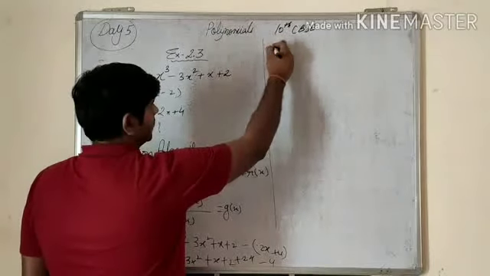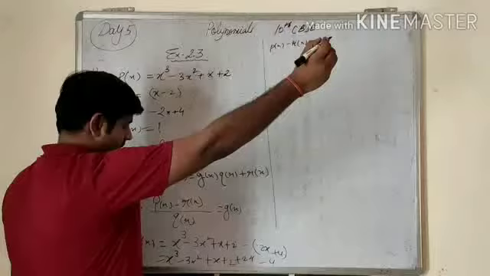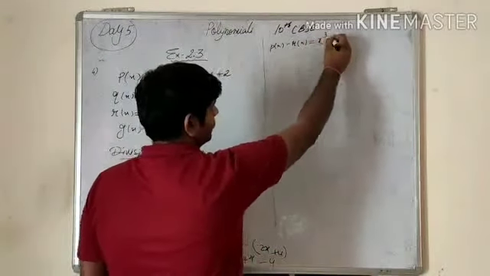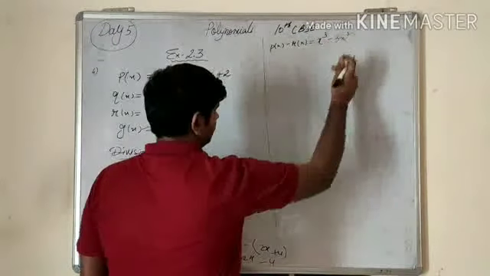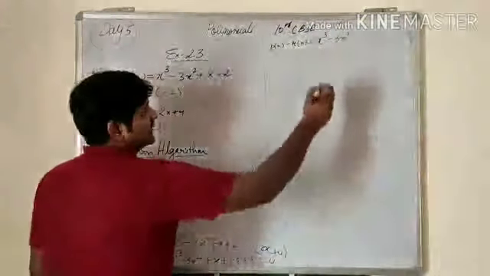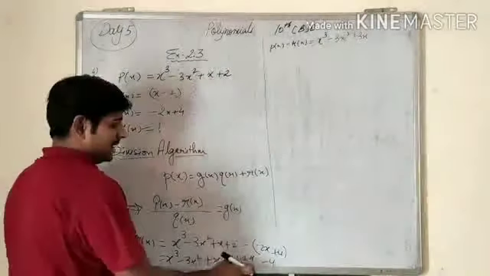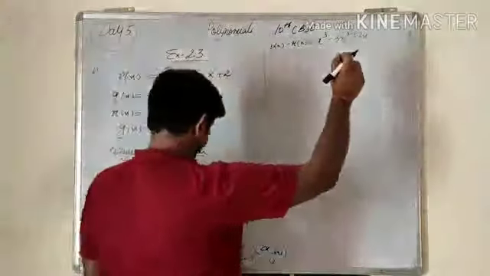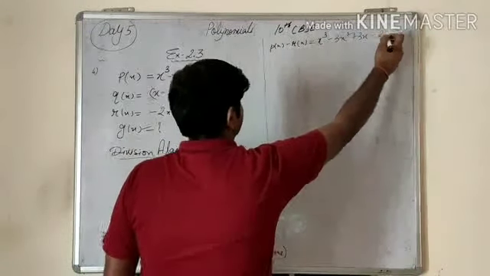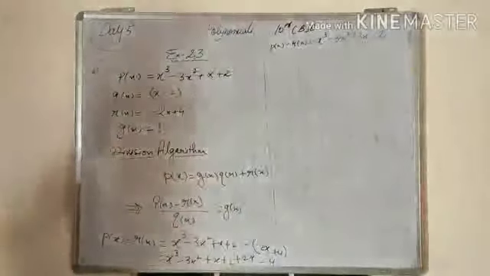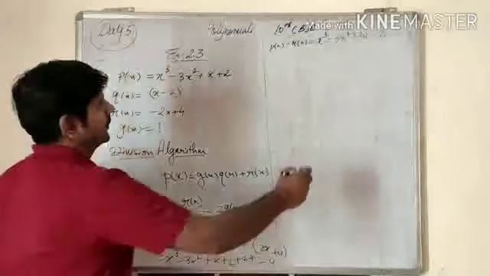So p(x) minus r(x) equals x cube minus 3x square, x plus 2x is 3x, and 2 and minus 4, there will be minus 2. So this is the value of p(x) minus r(x).